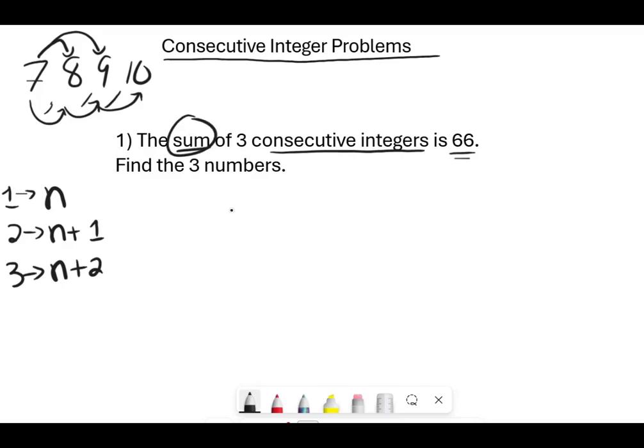Sum means the answer to an addition problem, so we're going to take the first number, n, plus the second number, n plus 1, plus the third number, n plus 2, and that has to have a sum of 66. Now we're going to solve this equation. What we're going to do is combine like terms.